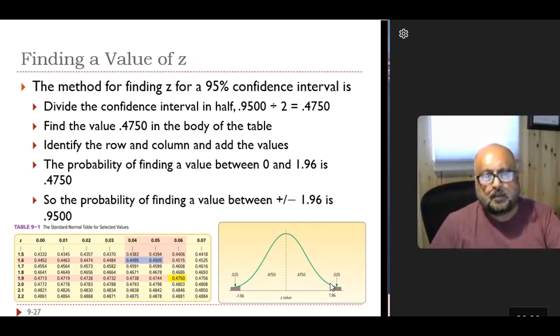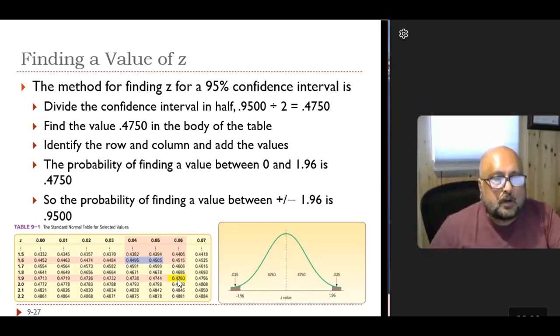Ignore this shaded area, but within this area here, that is the confidence interval. This is 0.95, 0.9500. You divide by 2, and get the two halves here, right? Now we can use one of these half values in the z table and find the z value corresponding to that.